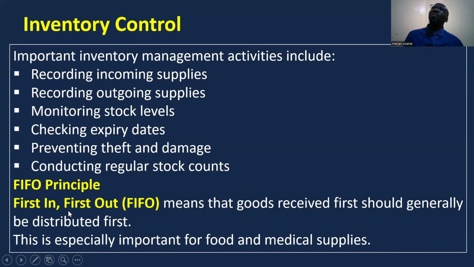So in an exam, you can be asked, what is FIFO? So FIFO means that goods received first should generally be distributed first. This is especially important for food and medical supplies. So the supplies that came in first, we should supply first, considering the expiry dates.